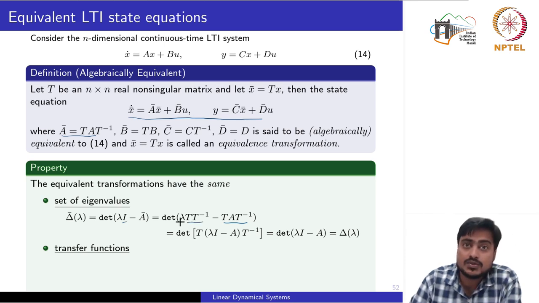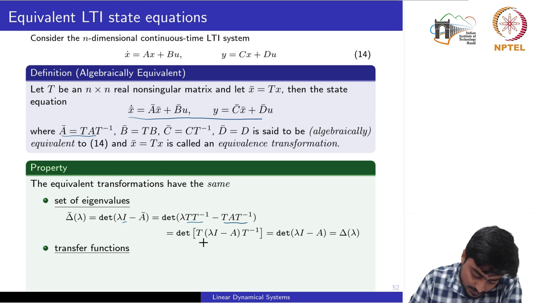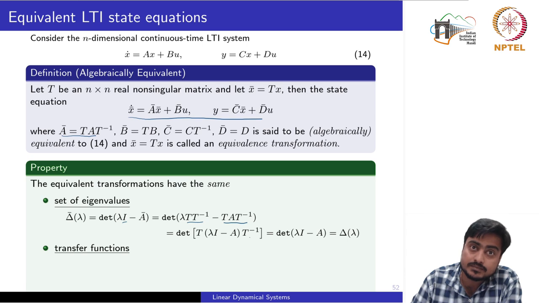Since T is non-singular, the inverse exists, and pre-multiplying or post-multiplying with the T matrix gives the identity matrix. Now I rearrange these equations to finally give me T times lambda I minus A times T inverse.